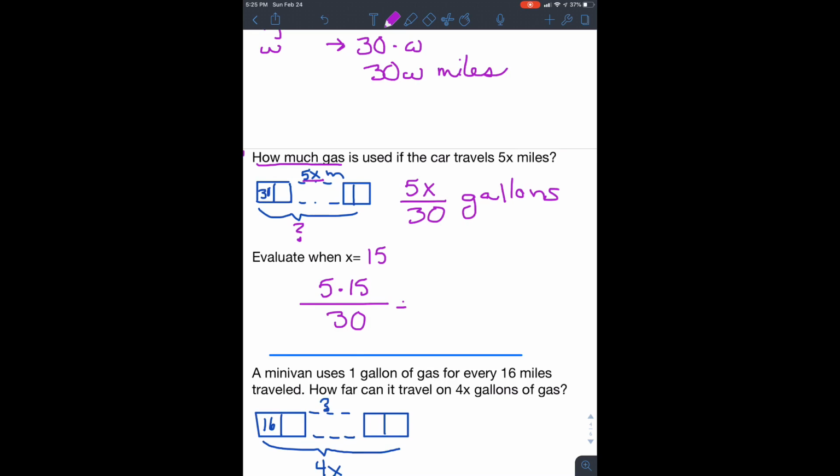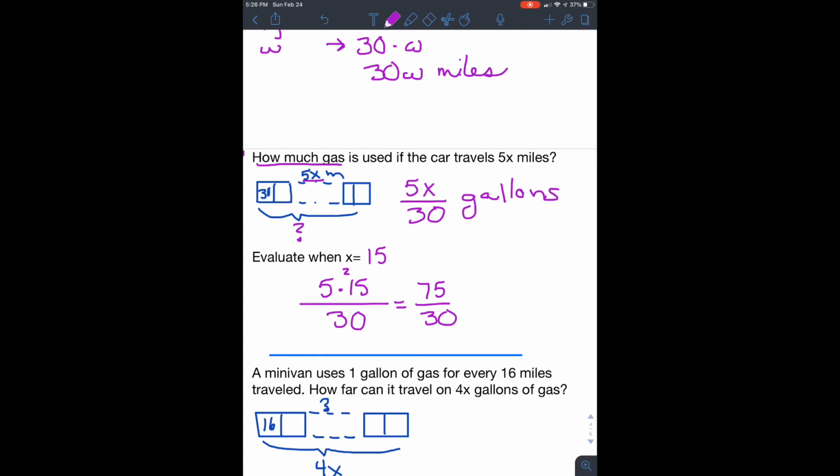So 5 times 15, 5 times the 5 is 25. And 5 times 1 is 5 plus that 2, so that's 75 over 30 gallons.